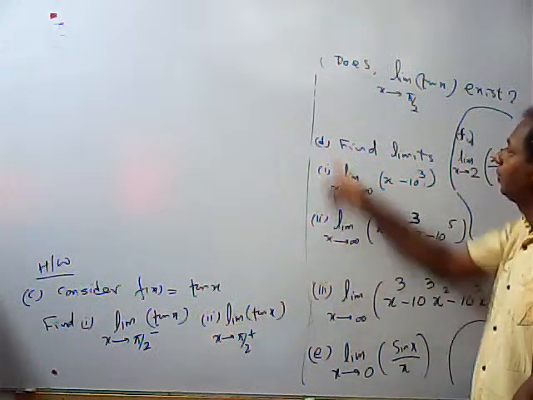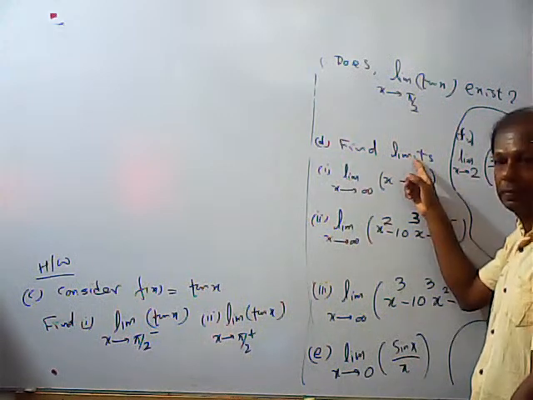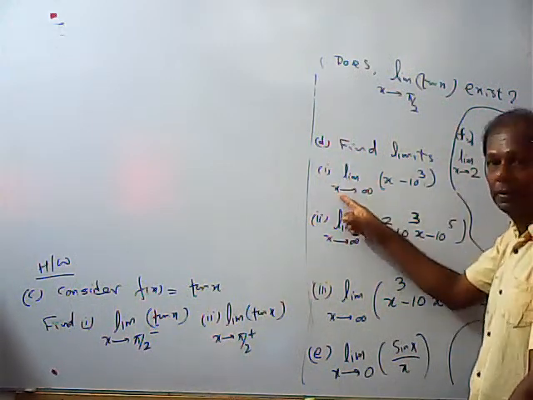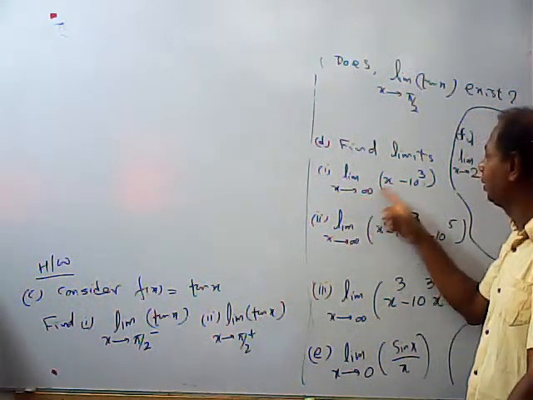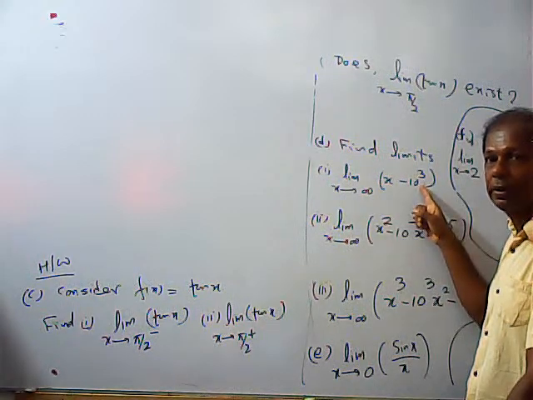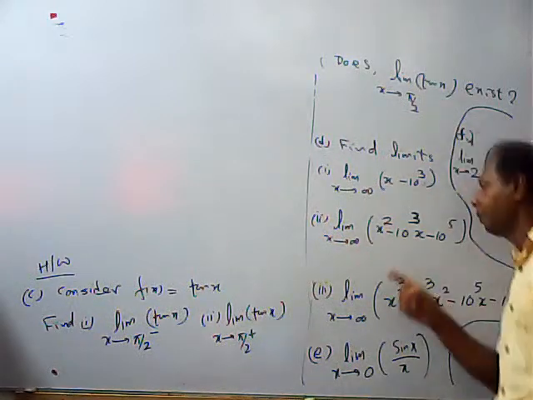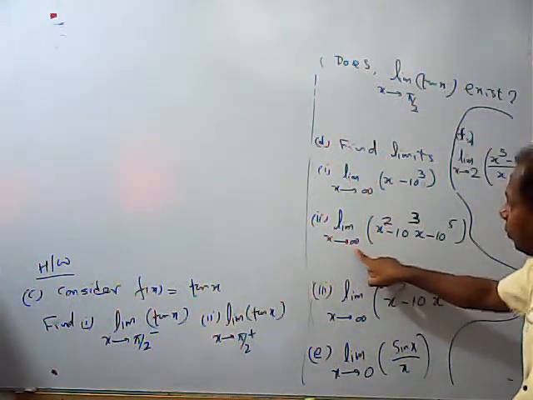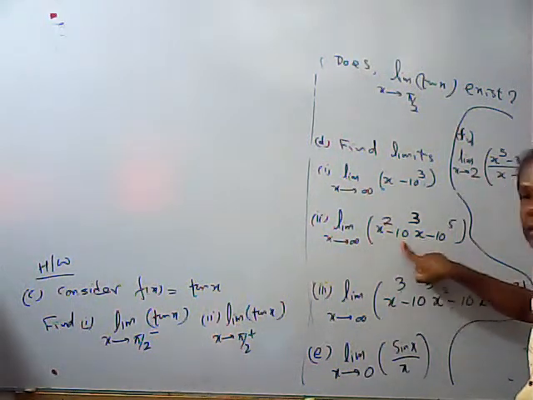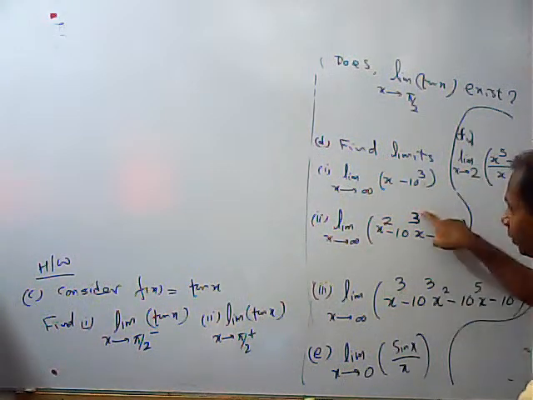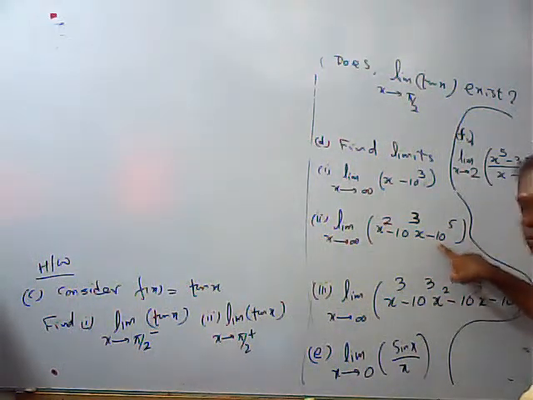Okay. And part B, find the limit. Number 1: limit as x goes to infinity of (x minus 10) to the power 3. Then part 2: limit as x goes to infinity of x squared minus 10 to the power 3 x minus 10 to the power 5.